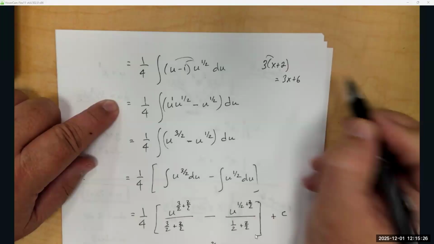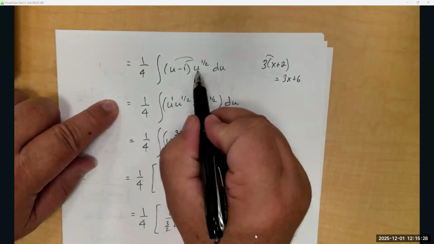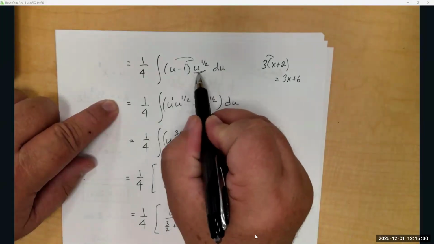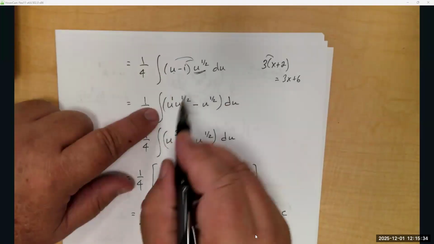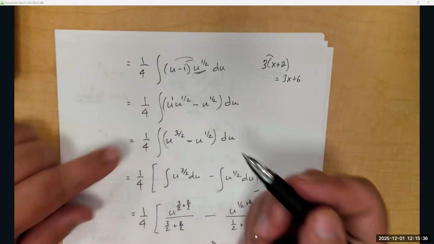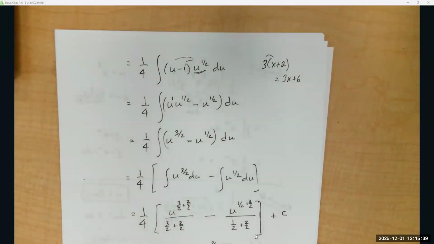Plus, right, same thing. This is my coefficient, I multiply it to each one. So it's u times u to the 1/2, u to the power 1. Yeah, it's the small things that will confuse you.